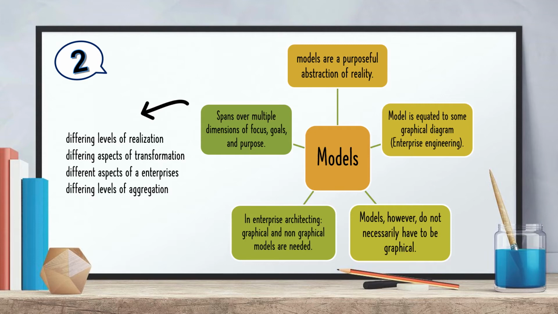Then we also have different aspects of an enterprise, from goals, services, products and processes to IT. The last one is differing levels of aggregation, from enterprise level to the level of specific processes or any application. So different levels, different groupings. Everything can be represented through a model.